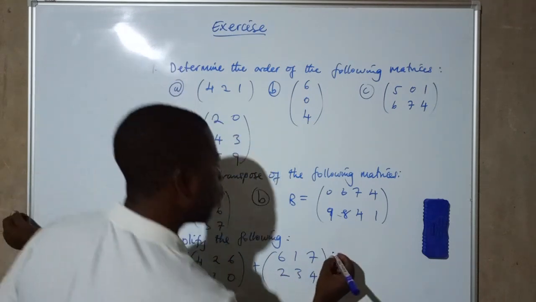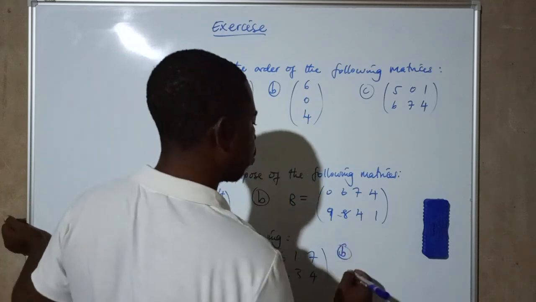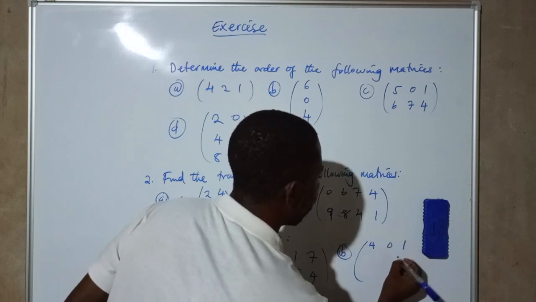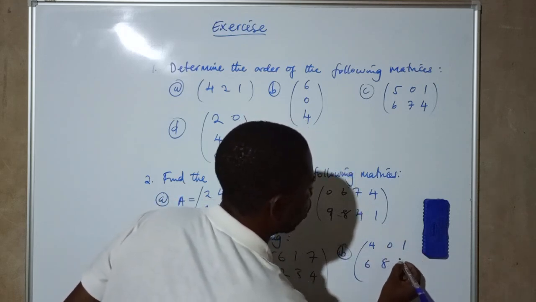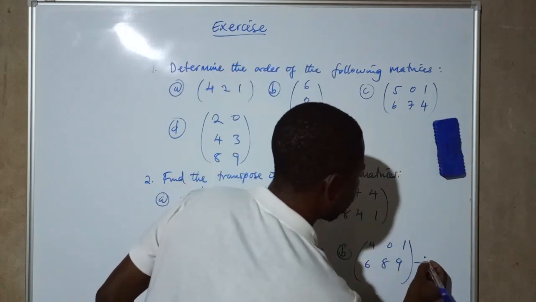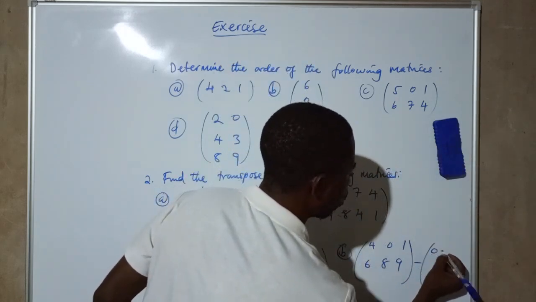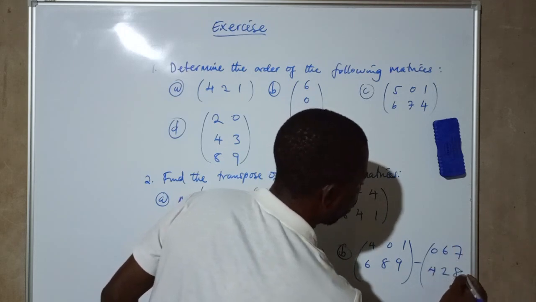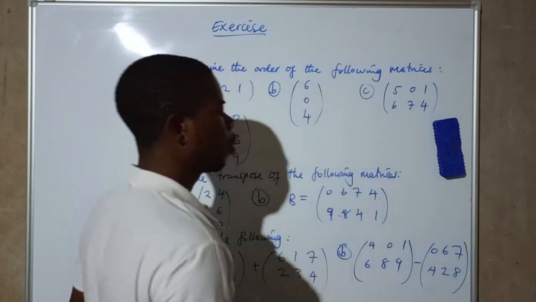Then B: 4, 0, 1, then 6, 8, 9, then minus, open brackets, 0, 6, 7, then 4, 2, 8, like that.